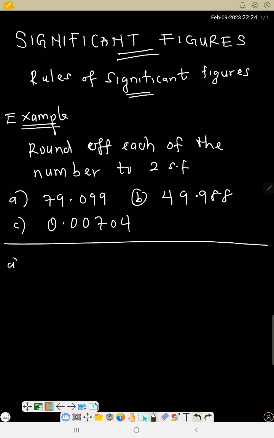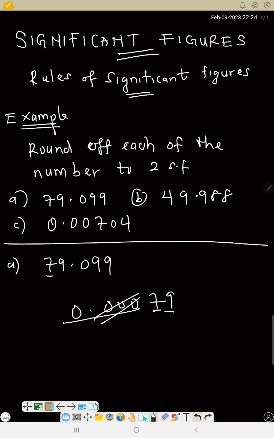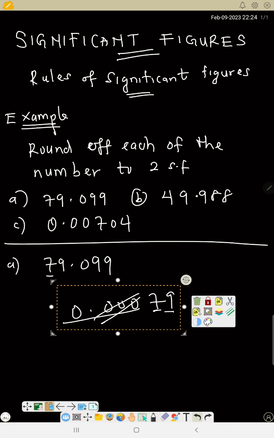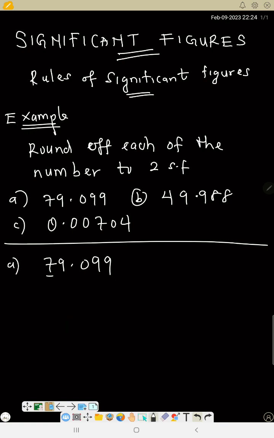Now A, 79.099 to two significant figures. Remember all numbers are significant. Immediately you see a number, you start counting. So far it is not 0.00. If it is 0.00, I will ignore all this and start from here. 1, 2. But now I've seen a number, and remember rule number 1, all numbers are significant.